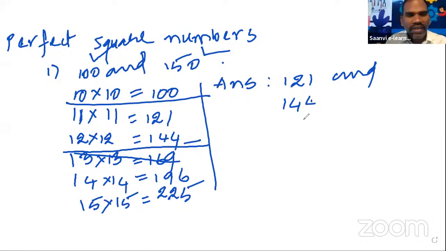We need only between 100 and 150. 121 is a perfect square, 144 is a perfect square. 121 is 11 into 11, 144 is 12 into 12. Other than that, they are more than 150. So he asked between numbers, so between 100 and 150 which are there? 121, 144.